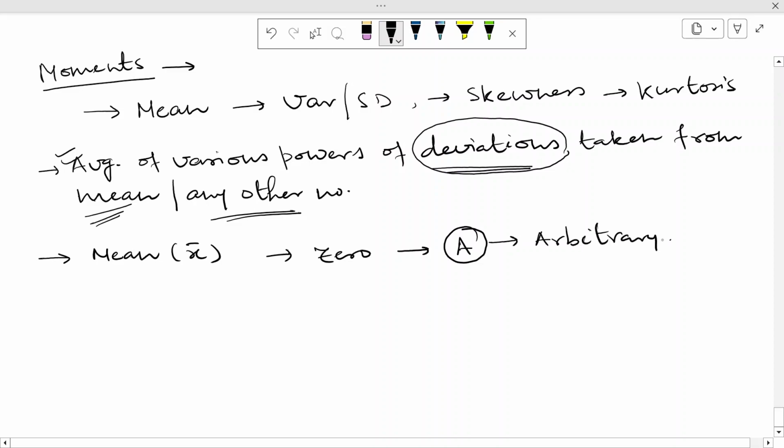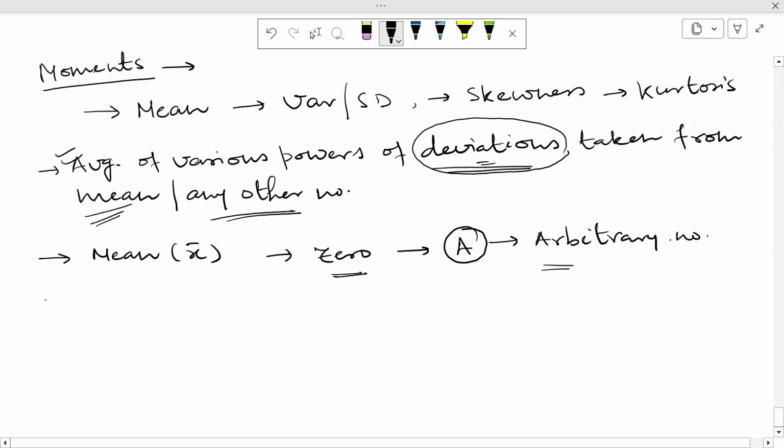Now you can find these deviations from the mean or from any other number, means either from 0 or the arbitrary number a. Now how do we decide what type of deviations we need for a particular case?